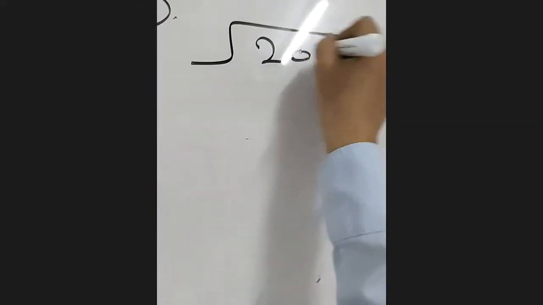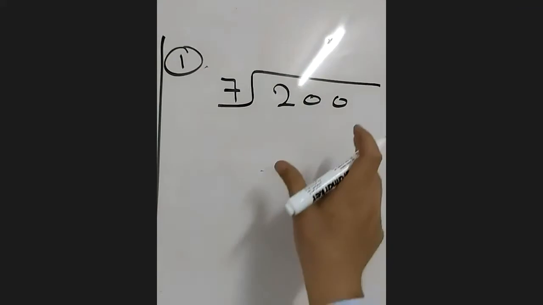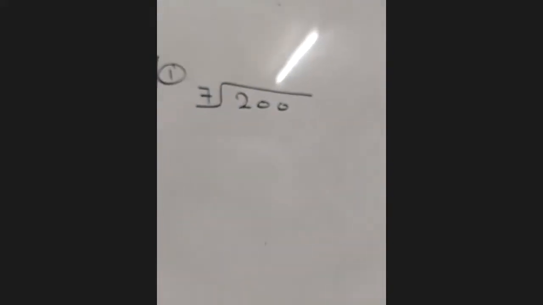So question 1 in the guided practice, we will make a long division, 200 divided by 7. And you will make the division beside the question here in this space. See this space beside the question? You make the long division here.